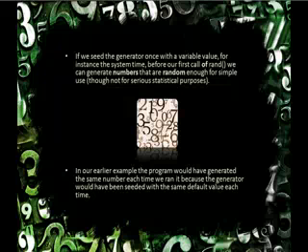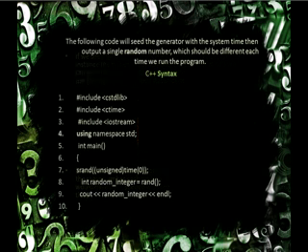In our earlier example, the program would have generated the same number each time we ran it because the generator would have been seeded with the same default value each time. The following code will seed the generator with the system time, then output a single random number which should be different each time we run the program.